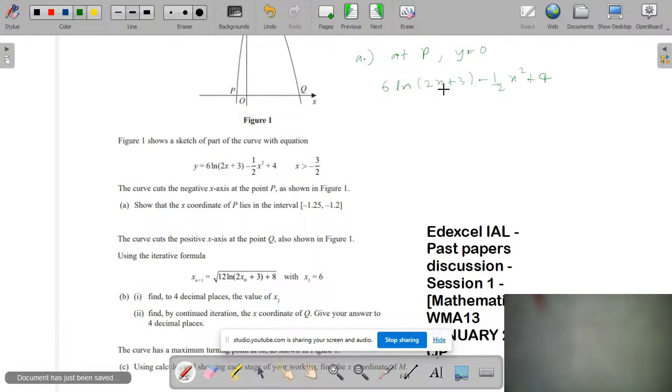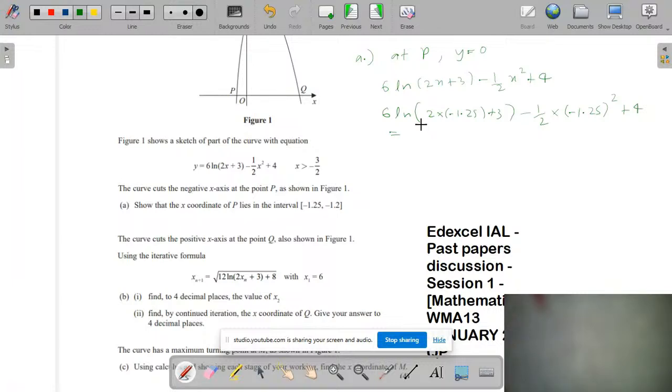My first x value will be minus 1.25. 6 into ln(2 times minus 1.25 plus 3) minus half into minus 1.25 squared plus 4. You better type that value in the calculator, then you will get the answer.